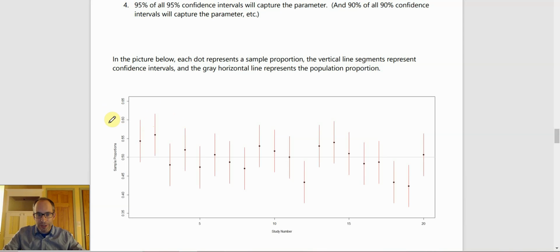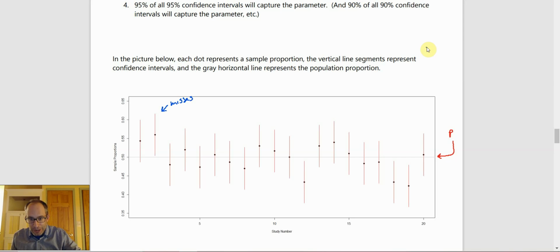And the gray line in the middle, if that's the parameter P, then we want to see whether the intervals capture P. Sometimes they do, but sometimes they miss. This one misses, because it doesn't get all the way down to where it crosses over that gray line. So that's what this is supposed to mean: if the red line segment crosses over the gray line, then that's a confidence interval capturing the parameter. The first one's good, but that one misses.